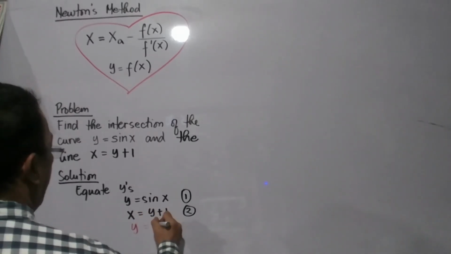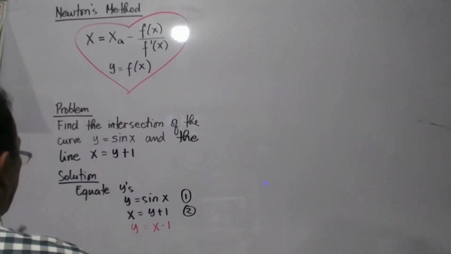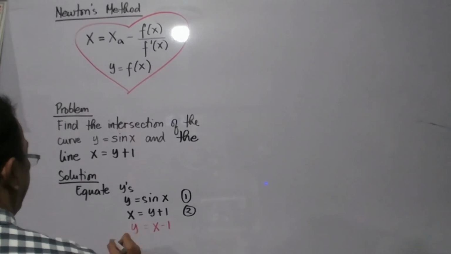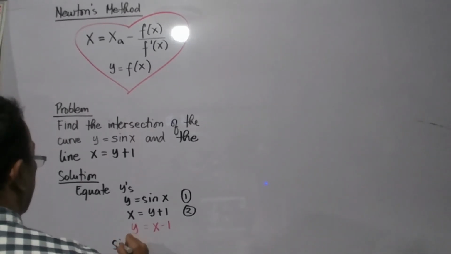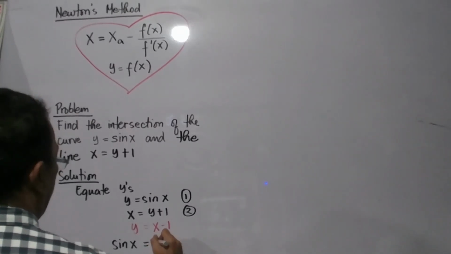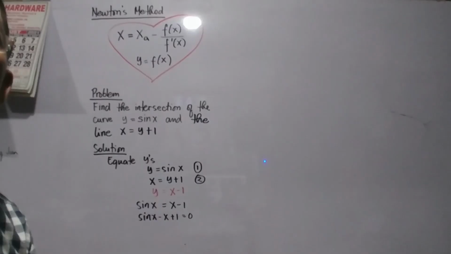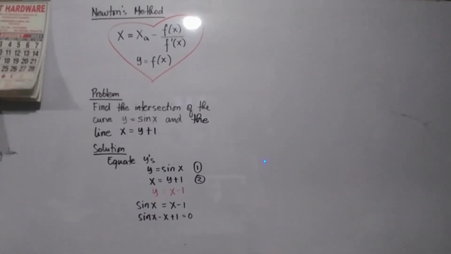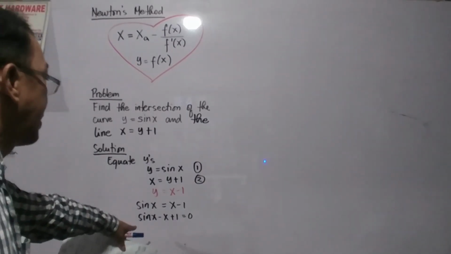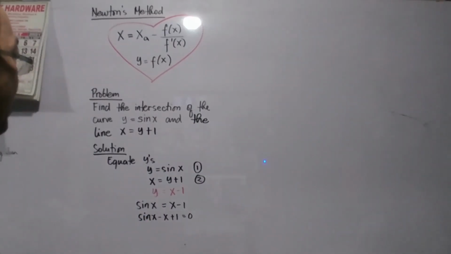So we have now x minus 1. Equating both sides, we have now sine x equals x minus 1. So we have now this equation, sine x minus x plus 1 equals 0.